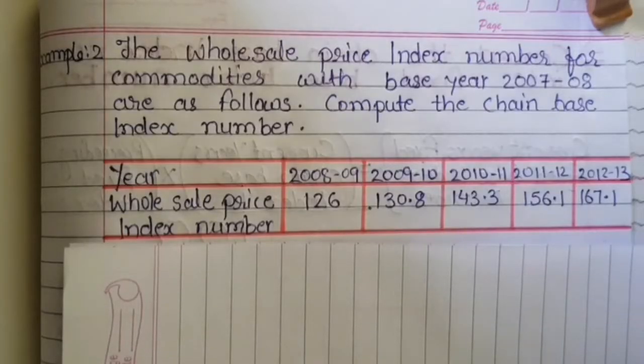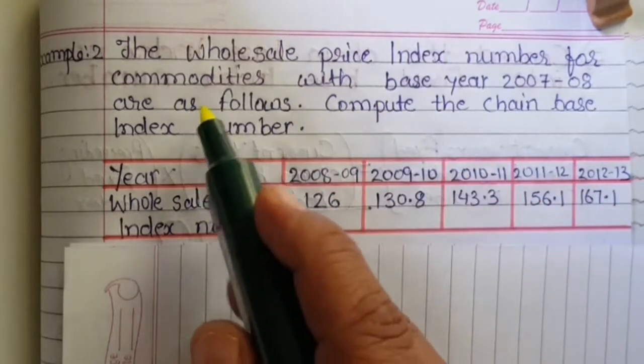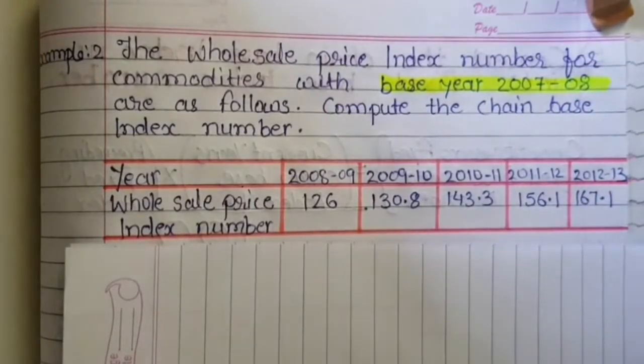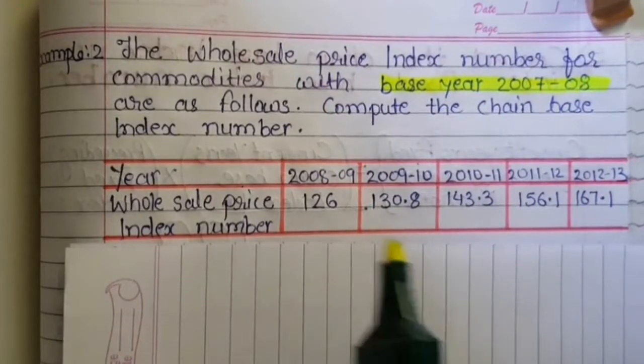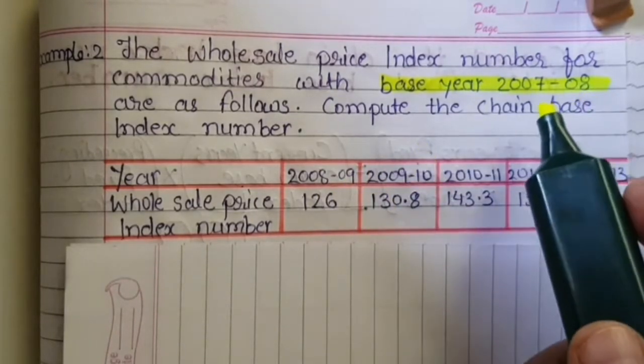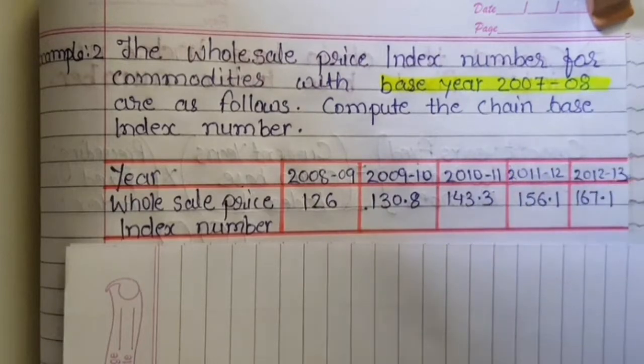But in this second example, friends, you can see that it is clearly said that the base year is 2007-8. Means in this sum, for the initial year 2008-9, we have to take base year 2007-8. In that sum, it was not clearly mentioned which year we have to take as base year, because for 2009 I can take 2008 as base year, 2007 as base year, or 2006 as base year.